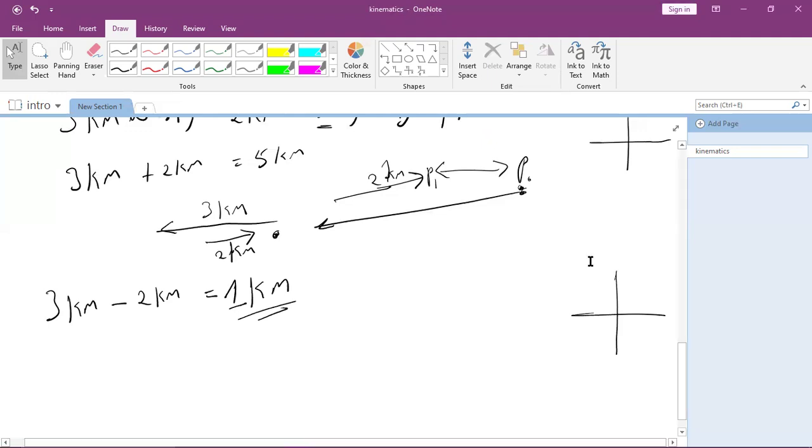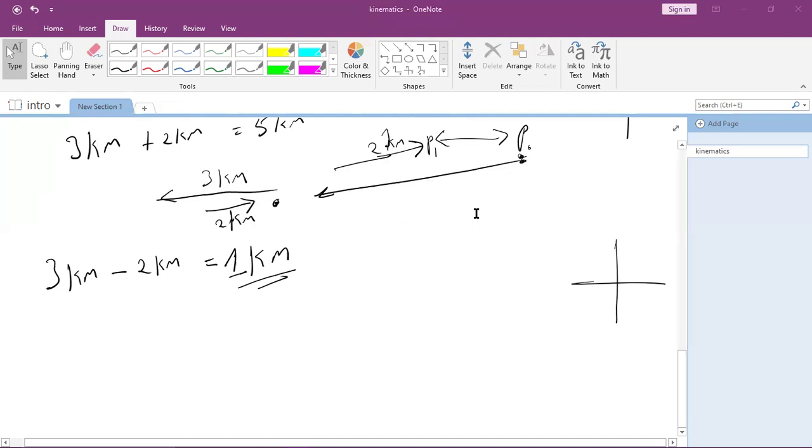Right. So now, because we're actually moving in the west direction, we know that on your cardinal points, here is plus, here is plus, this is plus y, this is plus x. This is minus y, and this is minus x. So if she's going west, this is west, this is north, this is south, and this is east.